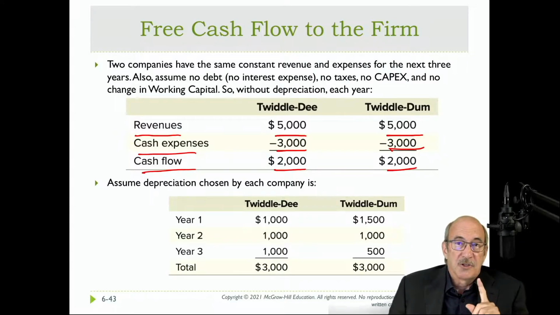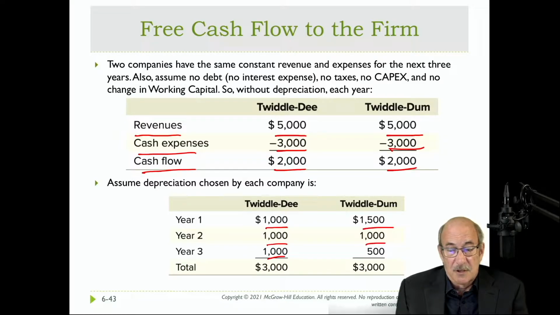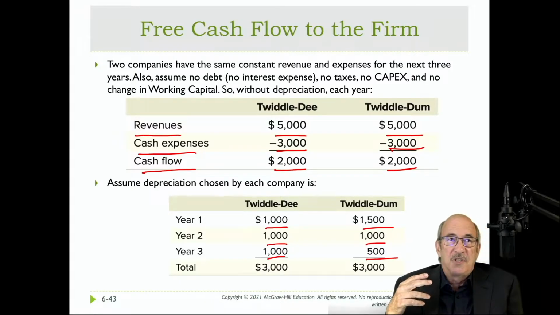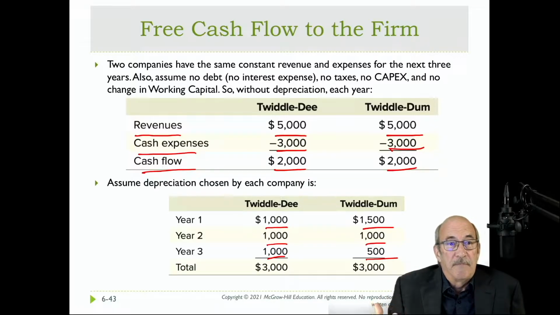However, each company deals with its depreciation in a slightly different fashion. Tweedledee uses straight line. Tweedledum uses accelerated. So in the first year, instead of deducting $1,000, they deduct $1,500 in depreciation. That decreases their net income, which decreases the tax burden early on.